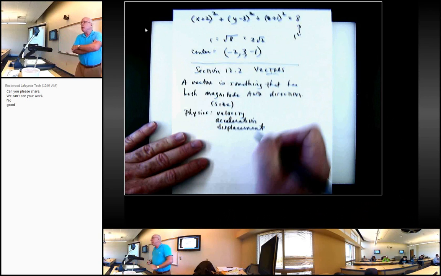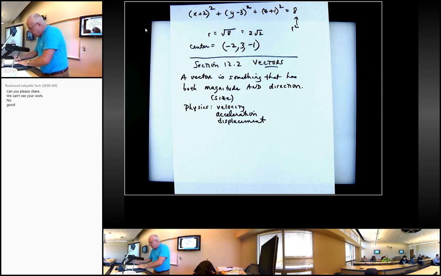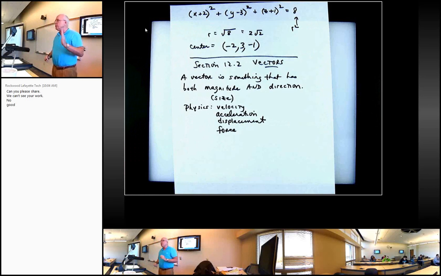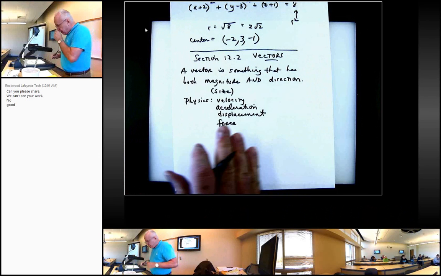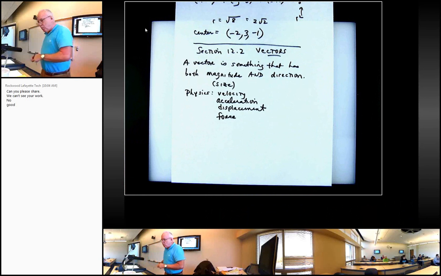And then another important one in physics is force. Force has a magnitude, and force is exerted in a certain direction, right? Okay. Now, just for how we denote vectors, we use arrows.